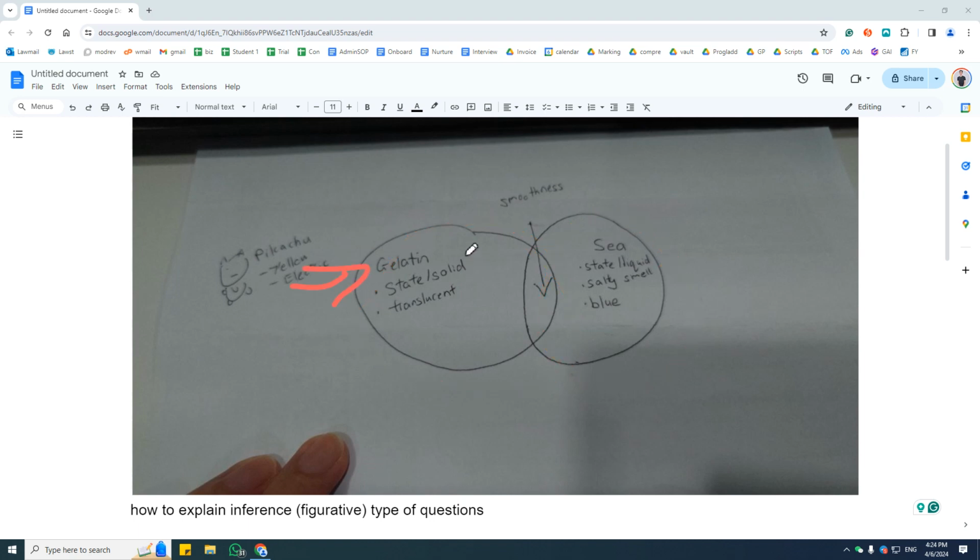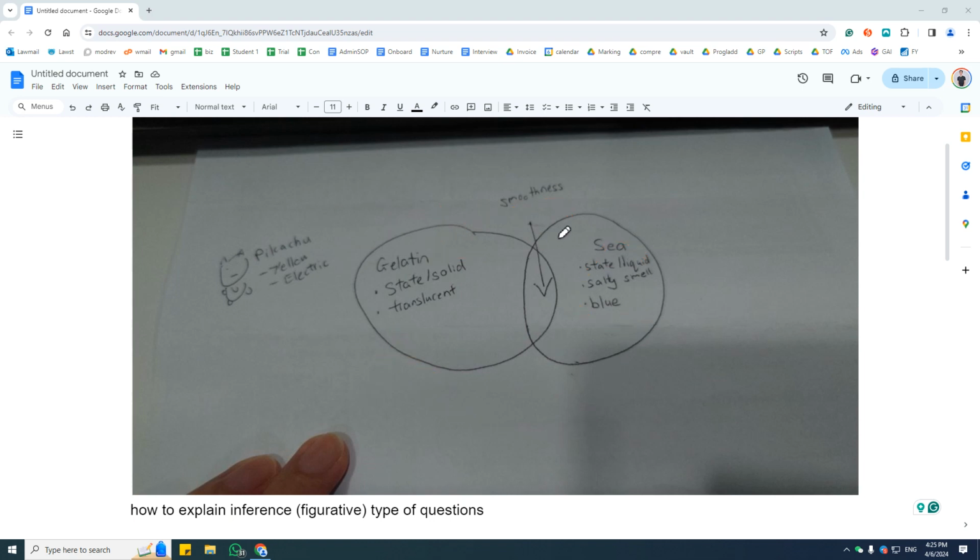For example, gelatin is a jelly-like substance, correct? So certain characteristics will be that the physical state is solid, and it's translucent. For the sea, the physical state is maybe liquid, correct? And there is a salty smell. But probably these don't overlap. So when I'm comparing the sea to a gelatin-like substance, these things won't carry over, so they're probably not the answer.